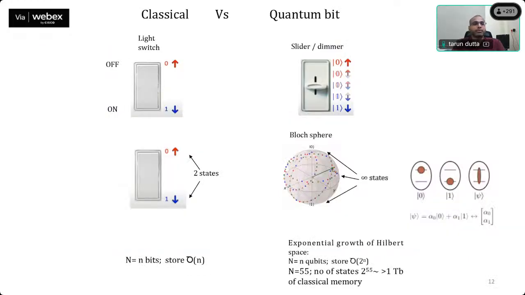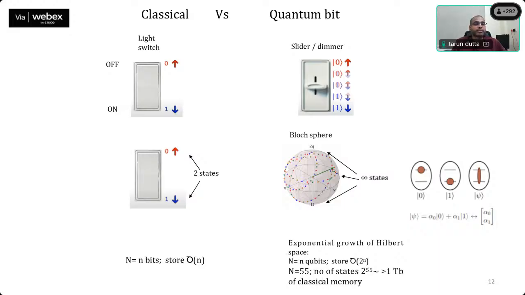Now, since I'm talking about the classical bit and then moving to the quantum bit, just to give you a little bit of an idea: all of you know what a classical bit is, right? We say that a transistor is used as a classical bit. We can think of it as a light switch. When the switch is on, the light is on; when the switch is off, the light is off.